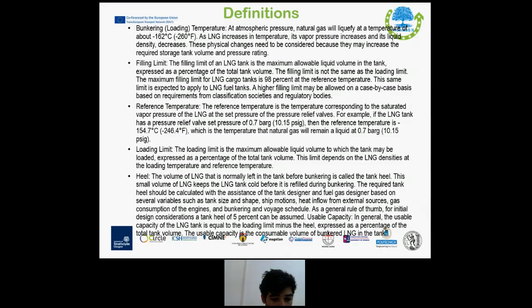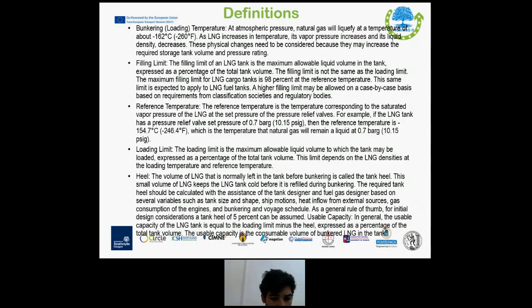The required tank heel should be calculated with the assistance of the tank designer and fuel gas designer based on several variables such as the tank size and shape, ship motions, heat inflow from external sources, gas consumption of the engines, and bunkering and voyage schedule.